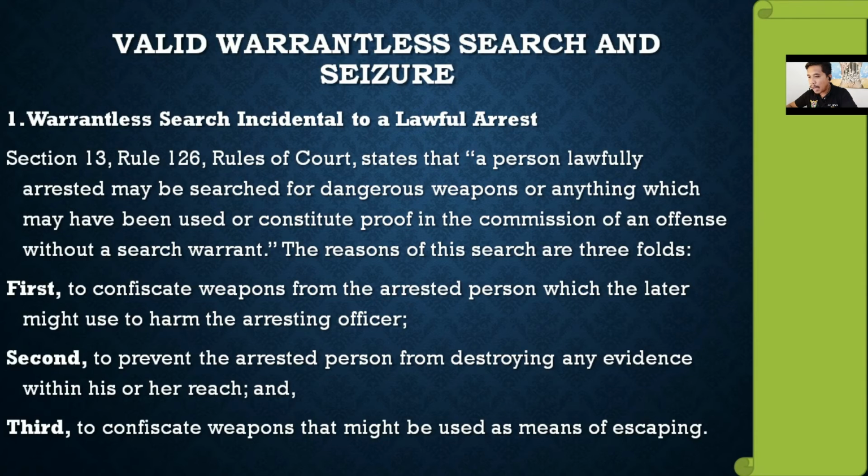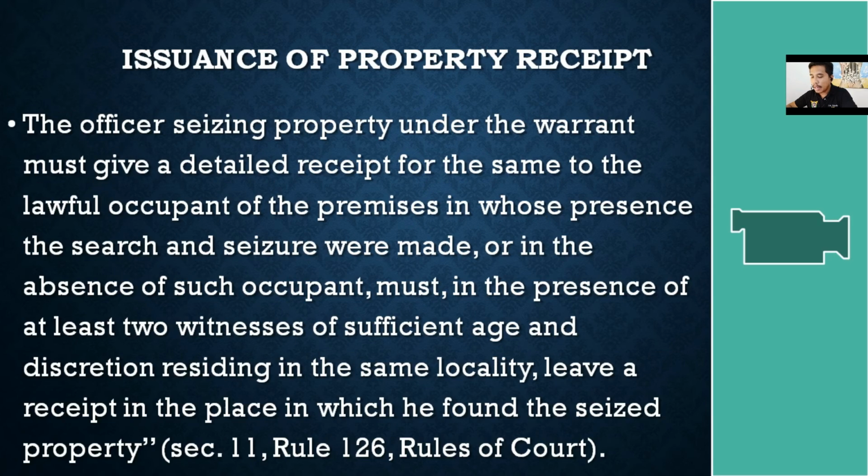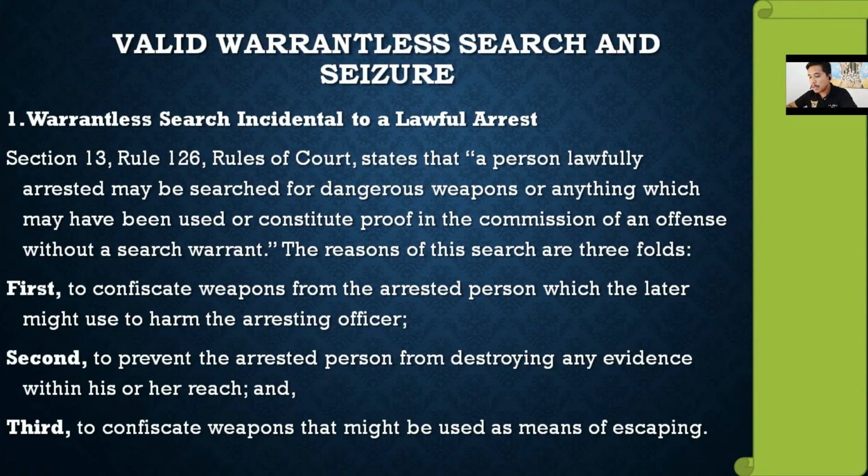Secondly, to prevent the arrested person from destroying any evidence within his or her reach. For example, he is carrying with him a lighter, okay? A lighter is something that could destroy especially documentary evidence. So you have to confiscate it. Thirdly, to confiscate weapons that might be used as a means of escaping.